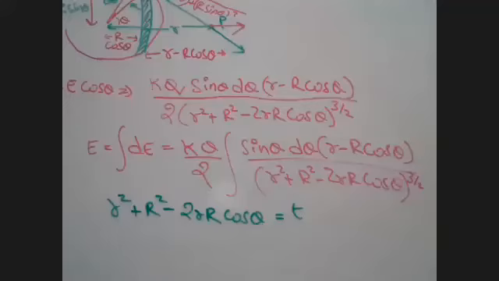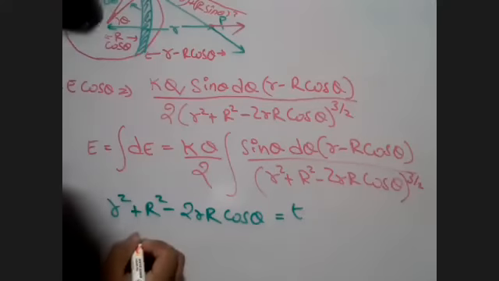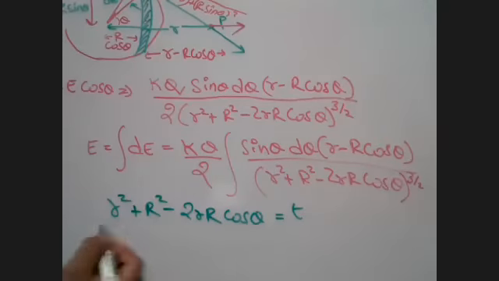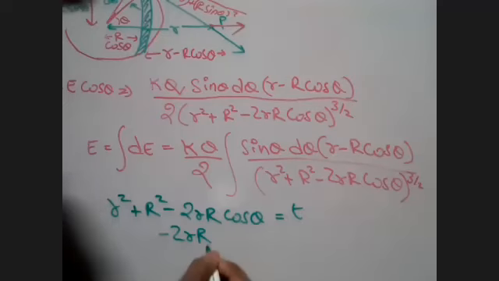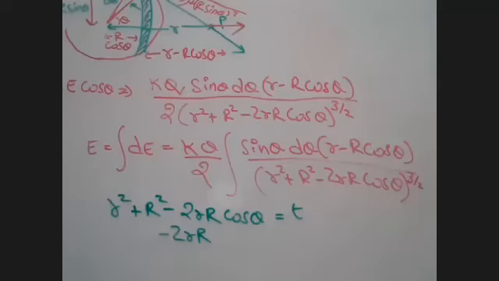If that is equal to t, then what is the difference? If you differentiate it, this is what you'll get. This is 0, this is 0, because these are constants. Theta is a variable, and t which I'm taking is also a variable. So I will get minus 2rR cos theta's differentiation. Cos theta's differentiation will be minus sine theta.